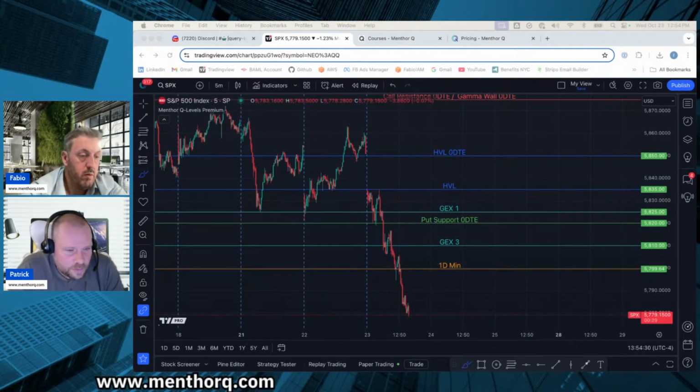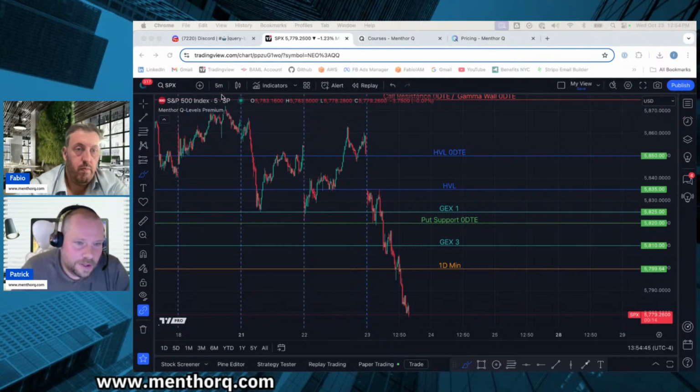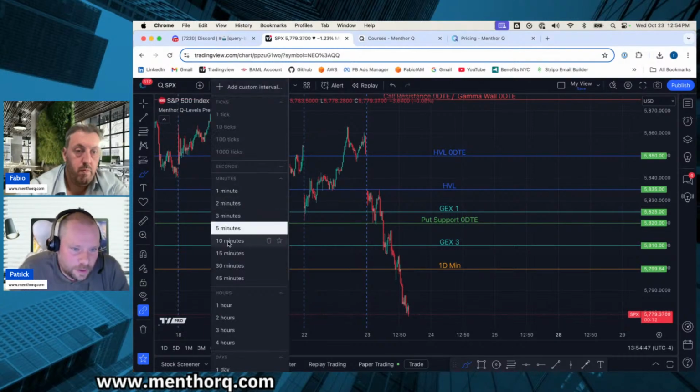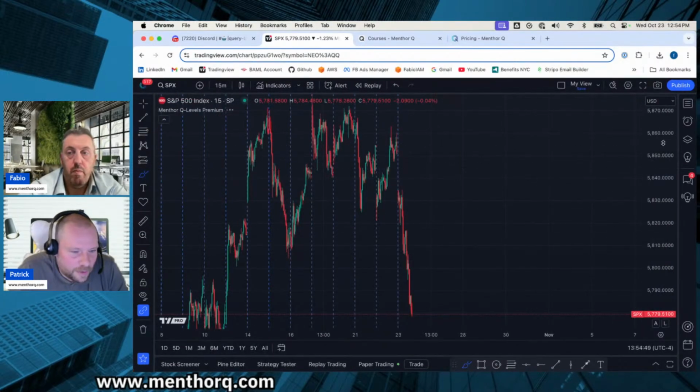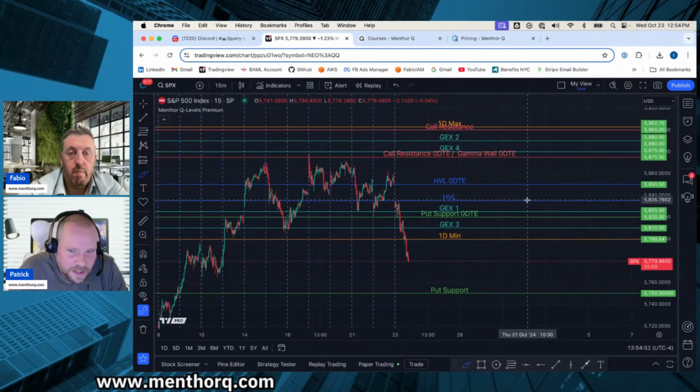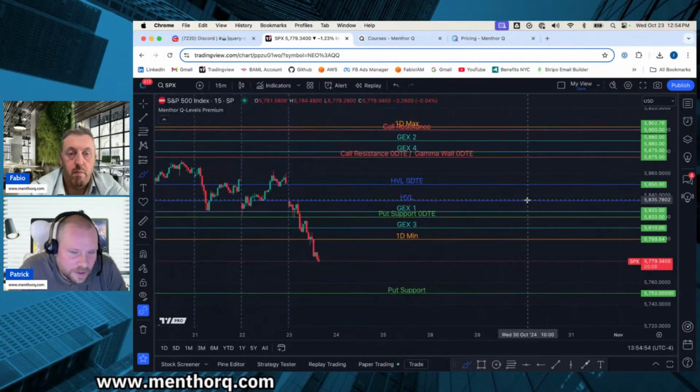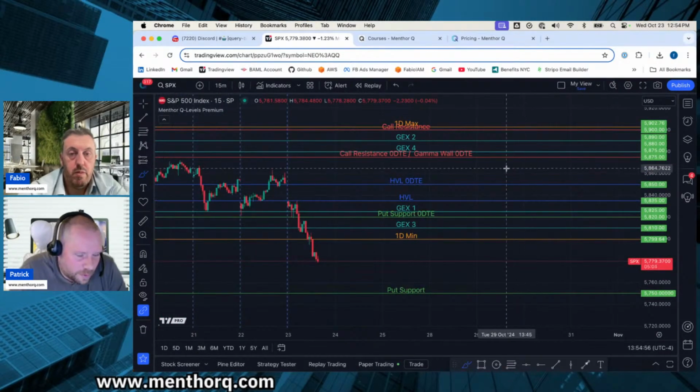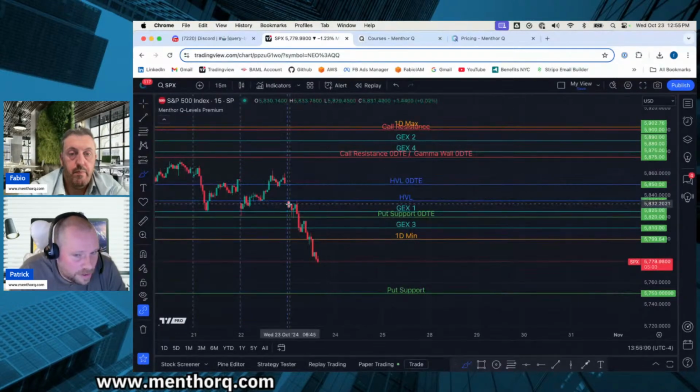But I was also observing, because I observe the levels many times, that if you go to a higher time frame, for example 15 minutes, I personally like the 15-minute time frame. If you're going to the 15-minute time frame, I would say most of the time, if we're hitting a level like the high wall level, wait for a retest and then the follow through. So this would be my number one, or waiting for the follow through.